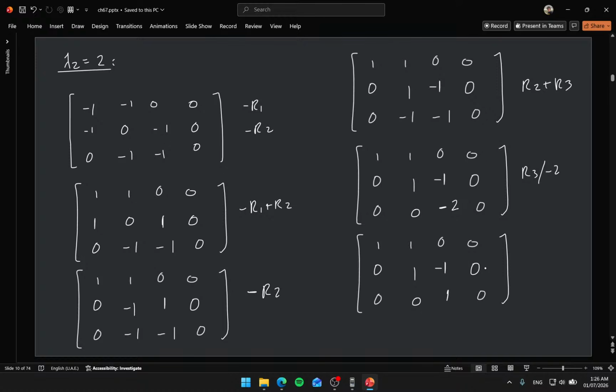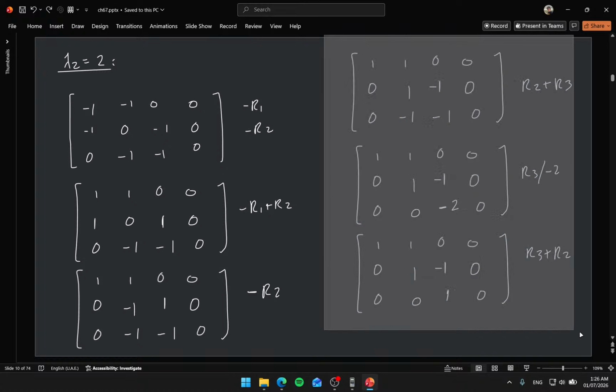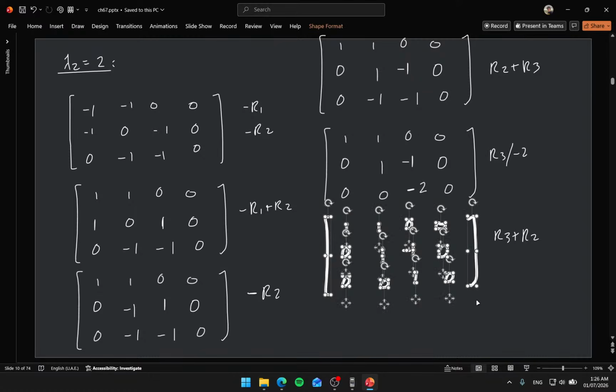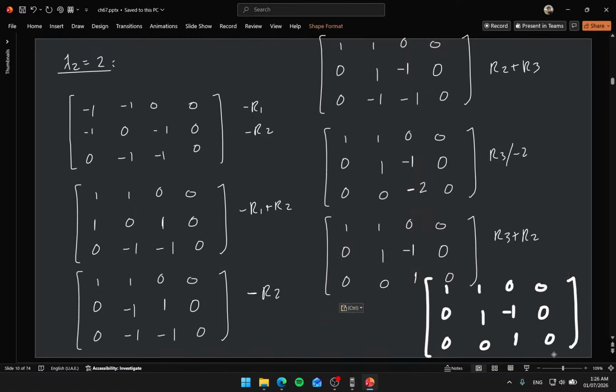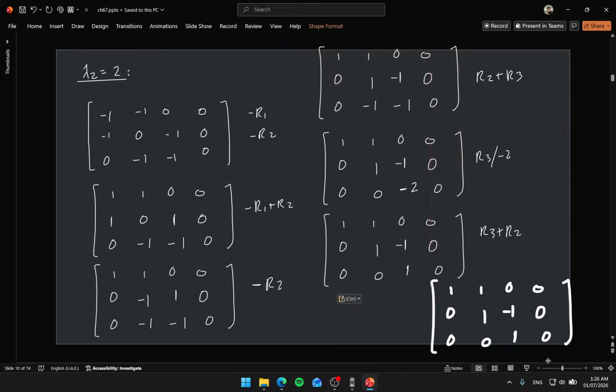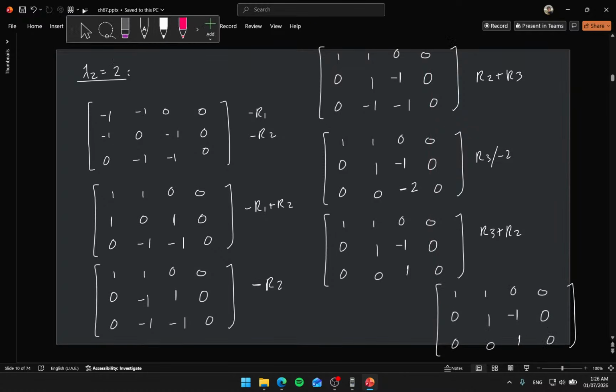Then if we do R3 plus R2, then we get, where do I put this? Just put this here. Yeah, so this is 0.